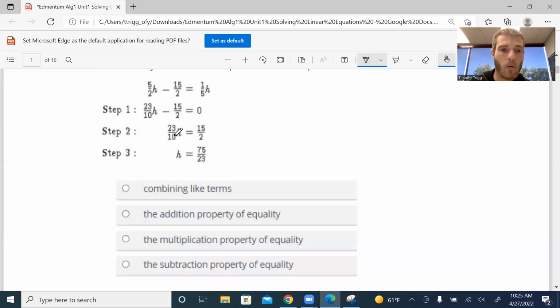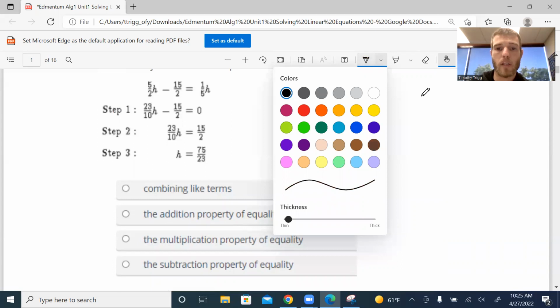Well, one thing you can do with fractions, and I kind of want to show this off a little bit. If you have a fraction multiplied by, in this case, a variable h equals 15 over 2.